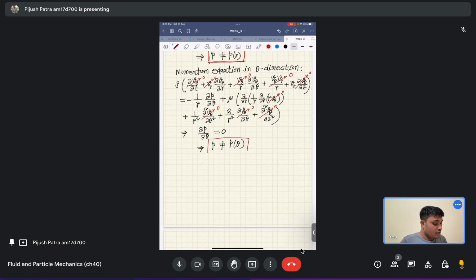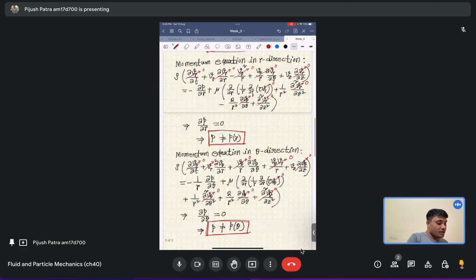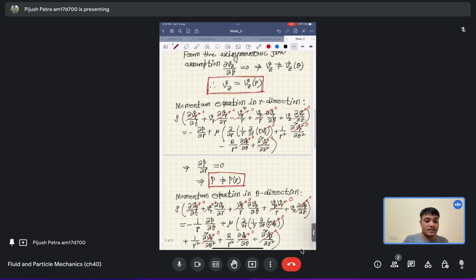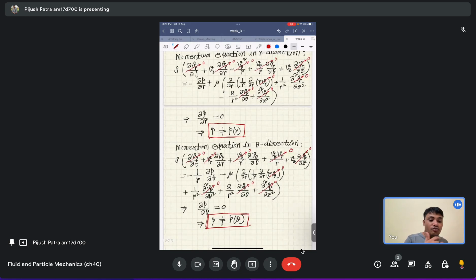So p is not a function of r, p is not a function of theta. But for the flow, pressure should be a function of, sorry, pressure should be a function along the flow direction, that is the z direction. Now, by fully developed flow, what I mean is that the left hand side of the Navier-Stokes equation is 0 for both the cases. This is what we mean by fully developed flow.